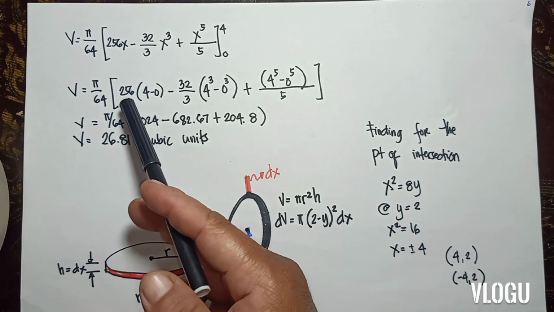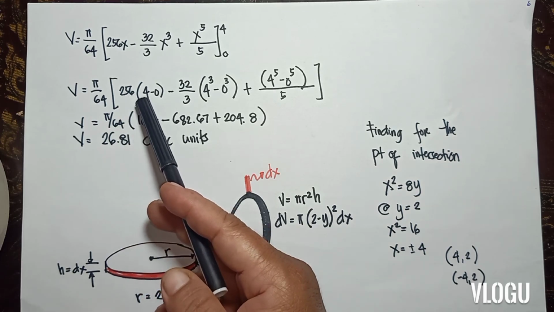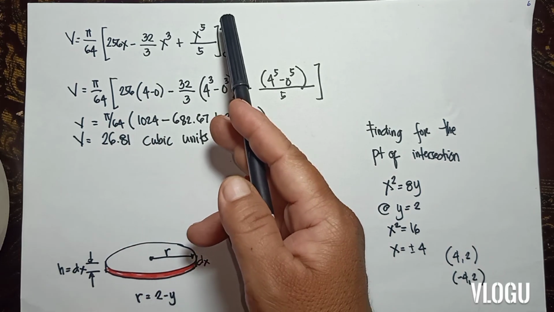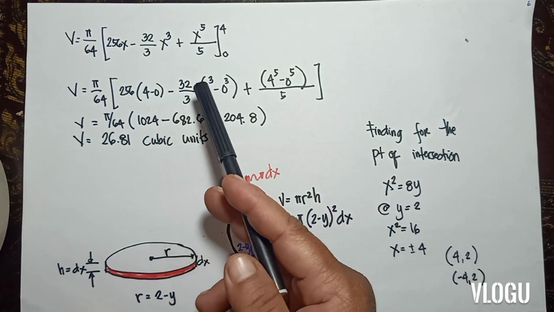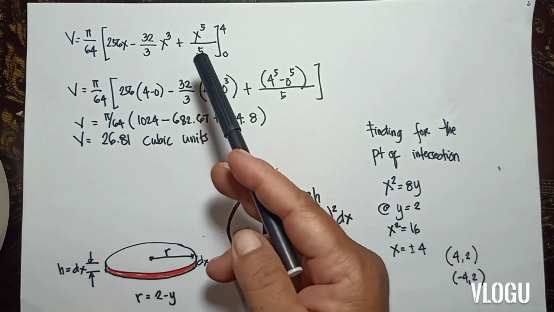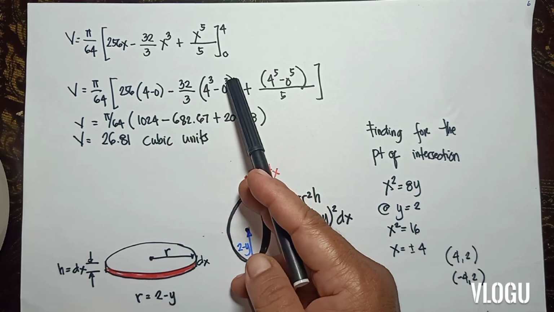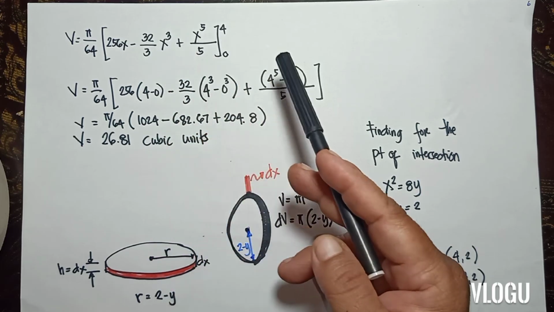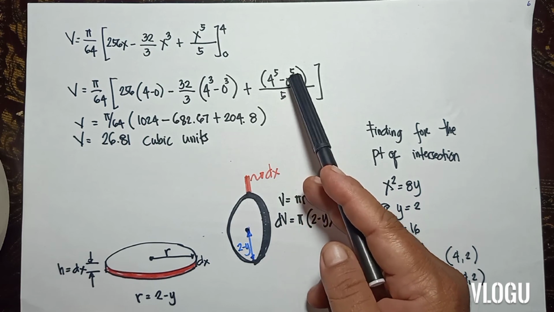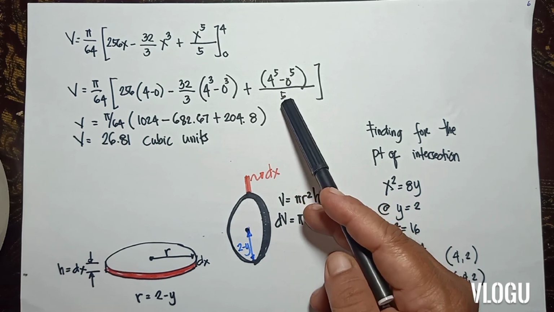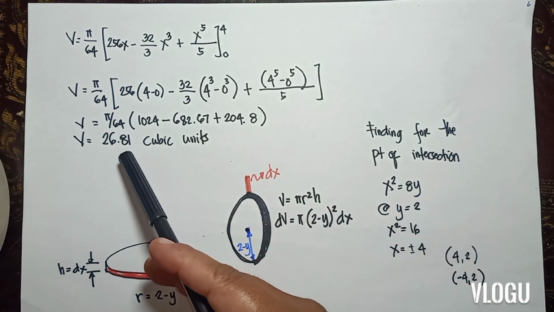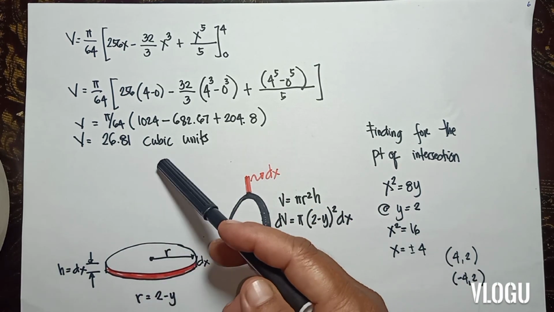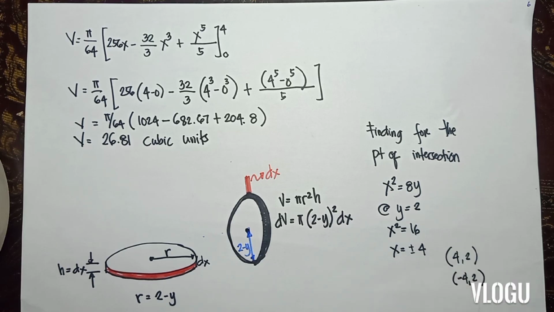So therefore, lower limit, upper limit, 4 minus 0. Then you will have x cubed, so 4 cubed minus 0 cubed, plus x to the 5th, 4 to the 5th minus 0 to the 5th over 5. So by using your calculator, you will arrive at 26.81 cubic units.